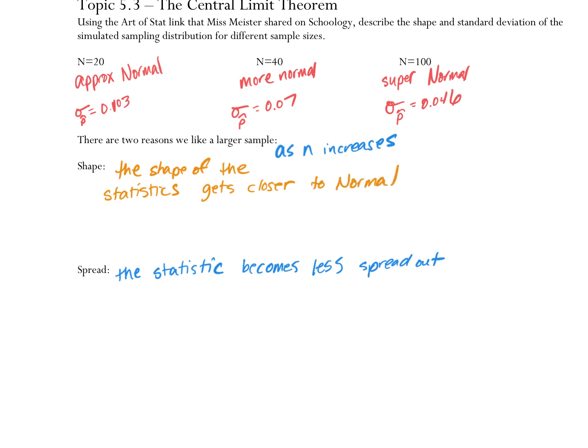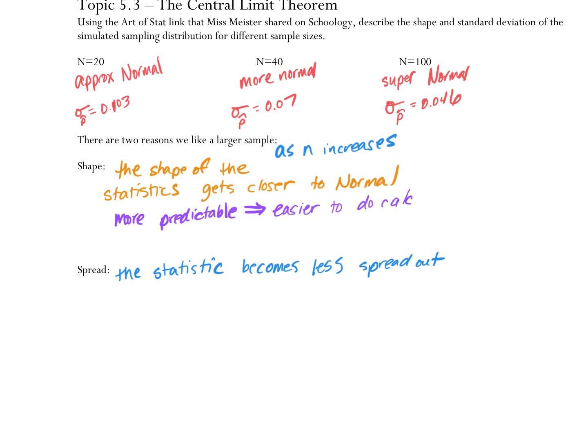And both of these have some really important and key benefits in terms of the act of doing statistics. If a statistic is super close to normal, what that means is it's more predictable and easier to do calculations.